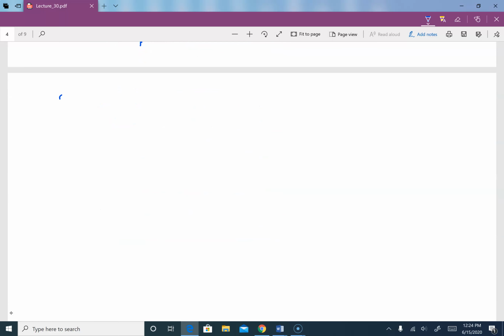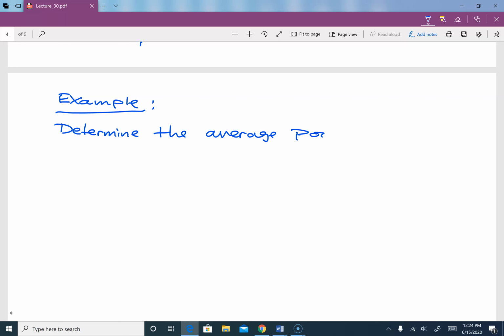Here is another example. Suppose that we need to determine the average power absorbed by the 2 ohm resistor.